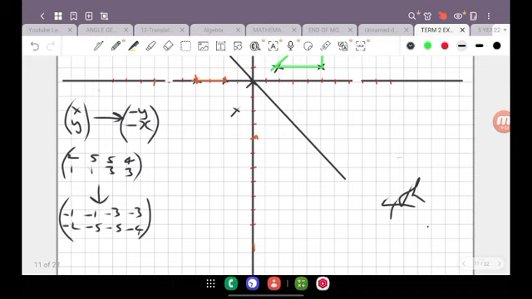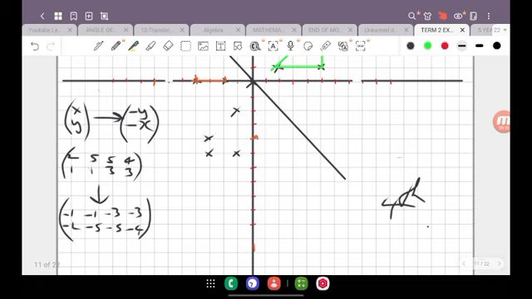Then -1, -5: 1, 2, 3, 4, 5, that's this position right here. Then -3, -5: that's this position right here. And -3, -4: 1, 2, 3, 1, 2, 3, 4, that's this position right here.